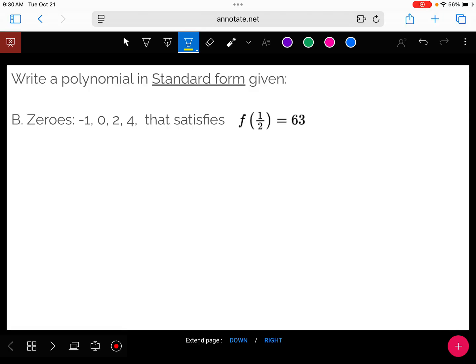So again, we're given a point, essentially. We're given an x and a y. So we're going to start by putting it into its factored form with the letter a in place of our leading coefficient so that we could then solve for a.